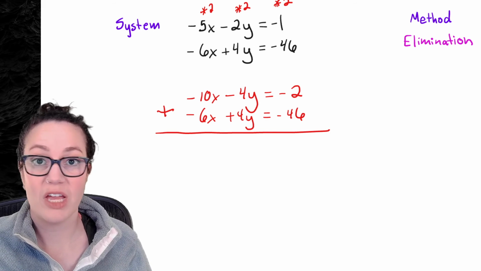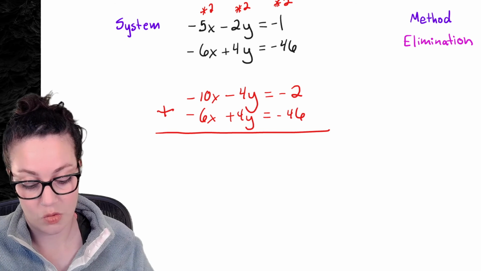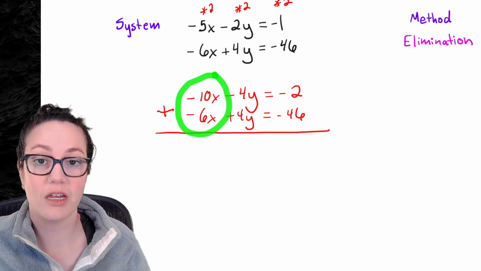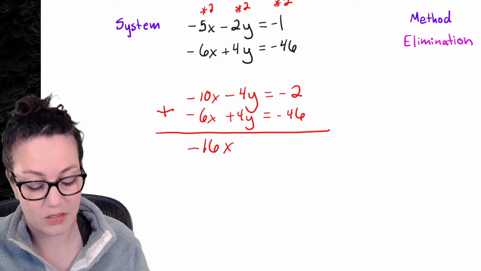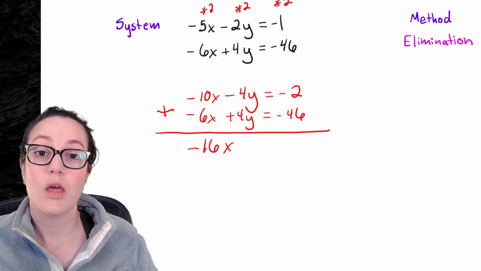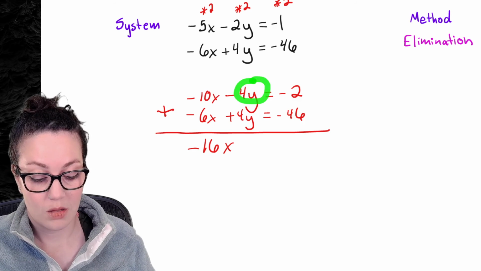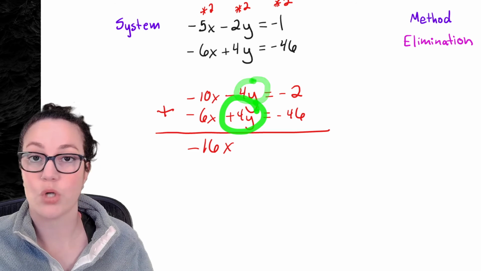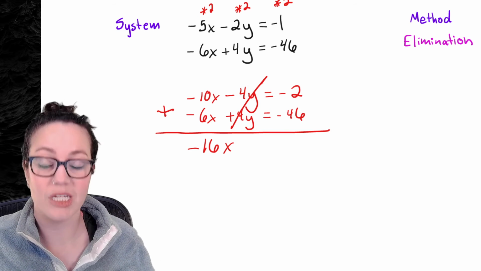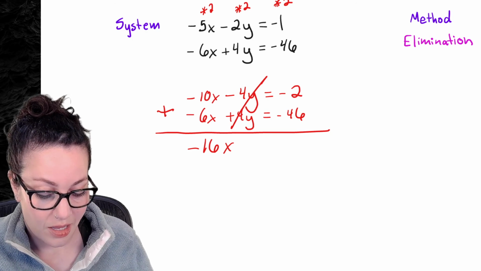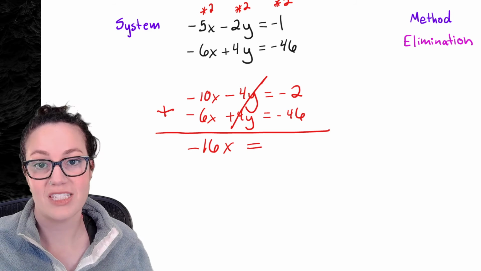Then I just go down the line like I did in the previous question. So negative 10x plus negative 6x is negative 16x. Negative 4y plus 4y, those are opposites. They're going to cancel each other out. The y's are eliminated. And then our equal sign stays in the same place.